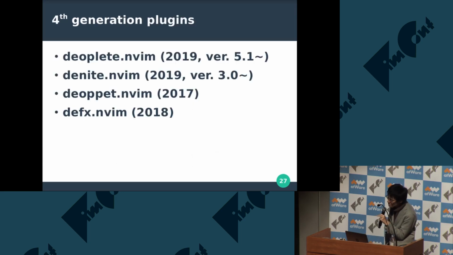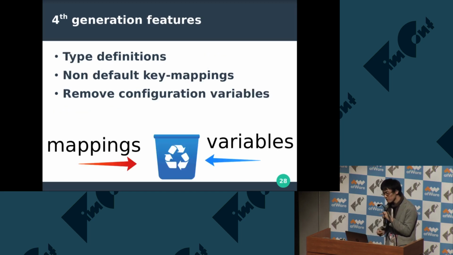They are fourth generation plugins. The latest versions of Deoppet.nvim and Ddu.vim are fourth generation plugins. Deoppet.nvim is a new snippet plugin. Defx.nvim is a new file explorer plugin. Fourth generation features are below.